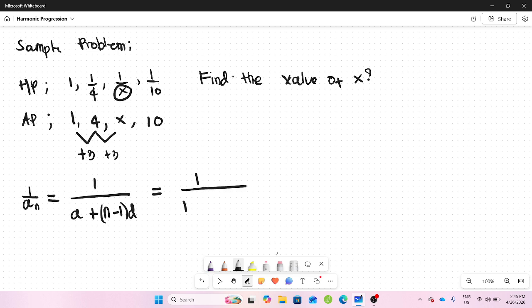So the first term here is 1, and n is 3 because we're looking for the third term, minus 1. And the common difference here is actually just 3. So we get 1 over 1 plus 2 times 3. So 1 plus 6, that should be 7.